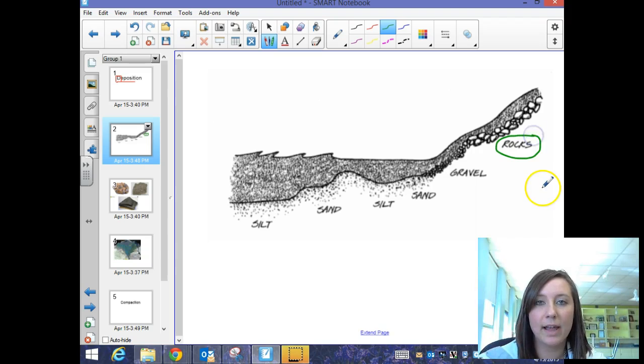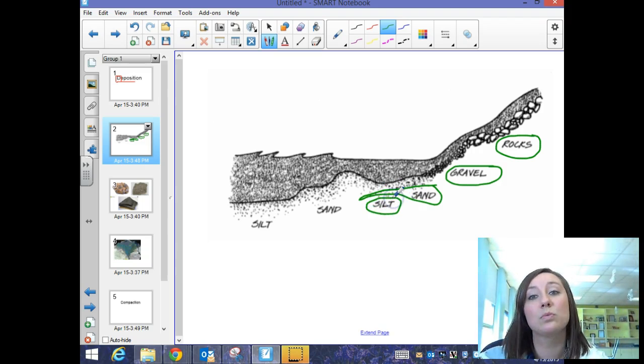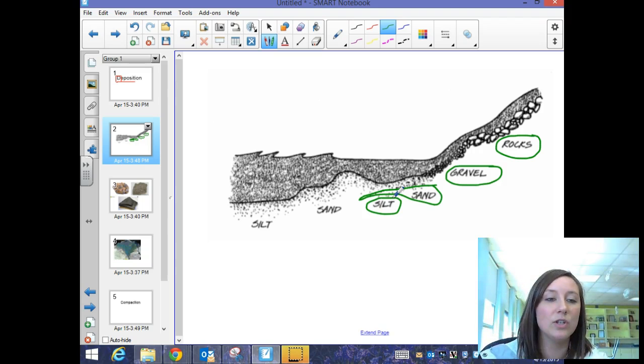So at first we're going to have rocks fall out, then the gravel will start to drop, but we still have sand, silt, and clay too, which is not shown here. But that sand falls out, and then eventually we're getting that silt. And silt is really, really fine, even smaller than sand, and clay is very, very fine too.